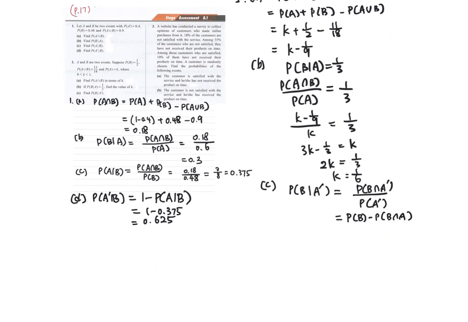You use this as the numerator, and the denominator, of course, is 1 minus K, so 1 minus 1 over 6.